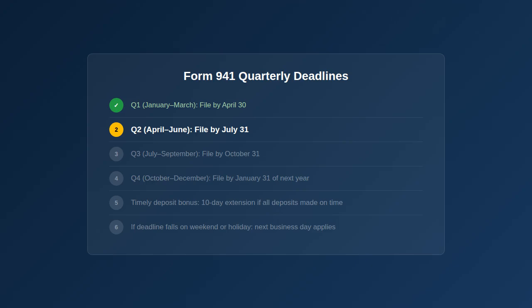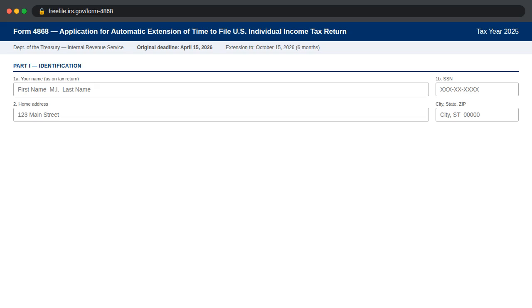And the fourth quarter covers October, November, and December, due January 31st of the following year. These deadlines assume you've made all required deposits on time. If you have fully deposited all taxes due for the quarter, you actually get an automatic 10-day extension on the filing deadline.